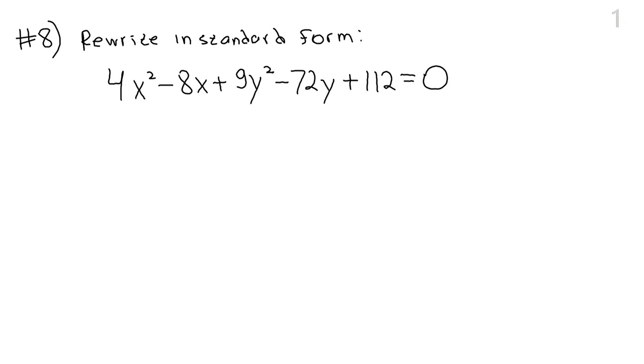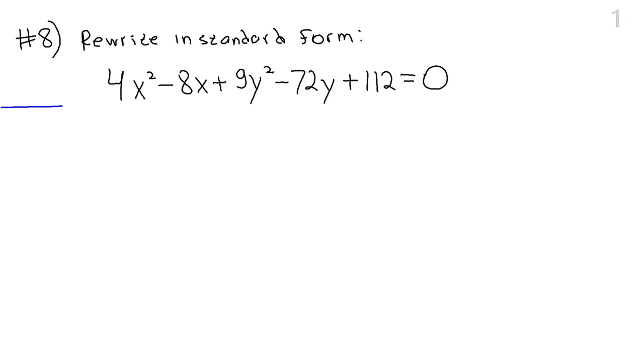Even if we were not told this is an equation for an ellipse, we could tell because the coefficients of x squared and y squared are different. If they were the same, if they were both 4 or both 9, this would be the equation of a circle. But because they're different, this is the equation of an ellipse.